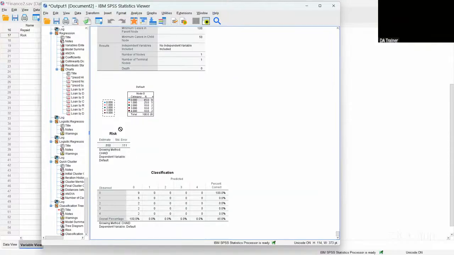However, this is the tree display based on its own classification. So it can classify them, as you can see, into 1, 2, 3, 4, 5 predicted rules, but all of them are just given 0, 0, 0.